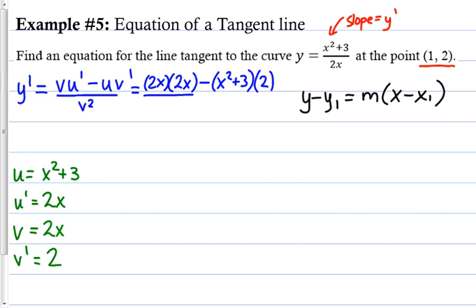And then all of this over v squared. Okay. Now, you could simplify this if you wanted. But the thing is, I need a numerical value for the slope. I'm not just looking for an equation that is slope. I'm looking for what does the slope equal. So, you could actually stop right here and then go ahead and plug in the x.